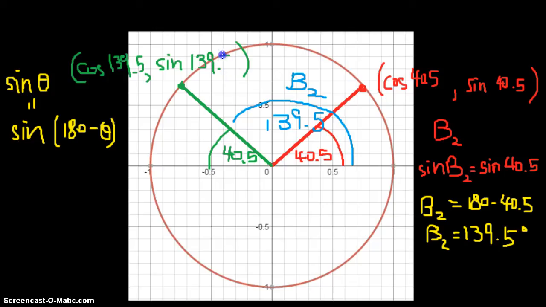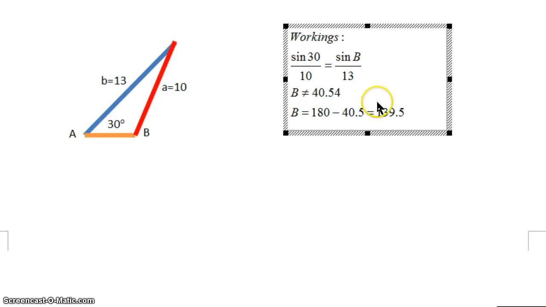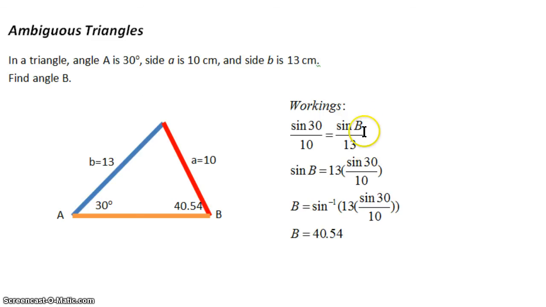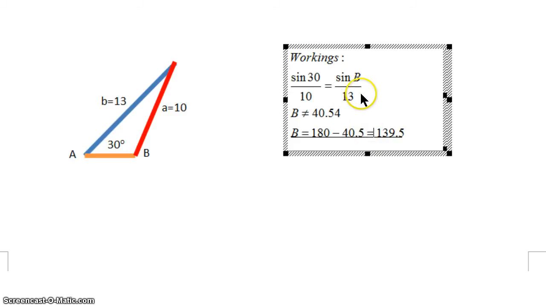And if you put that in your calculator, you'll see that the y coordinate, sine of 139.5, matches the sine of 40.5. Right? Which is good, because if I put my 139.5 into my B over here, sine of 139.5 will give me the same value as sine of 40.5. So in terms of applying the sine rule, that works. Right?